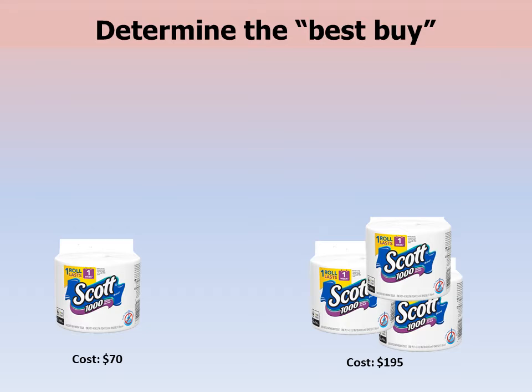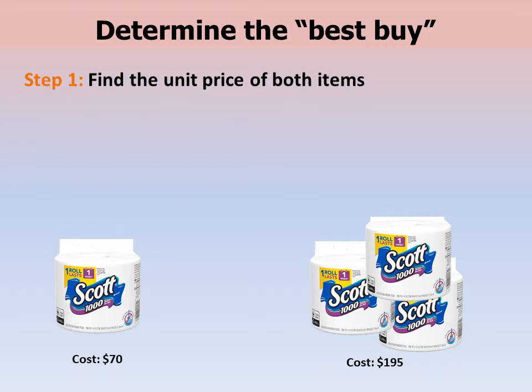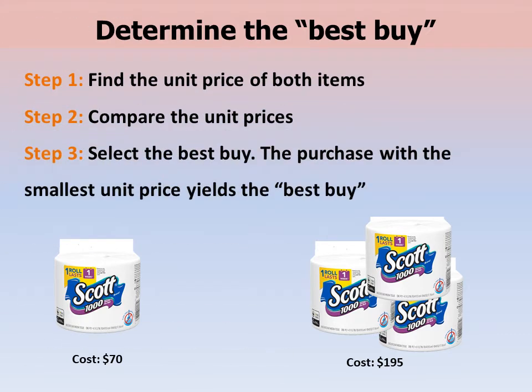So we have one tissue. The cost is $70. So then, the unit price for this tissue is going to be 70, the total price, and it's just one unit, so we take it, divide it by 1, and we get the unit price.